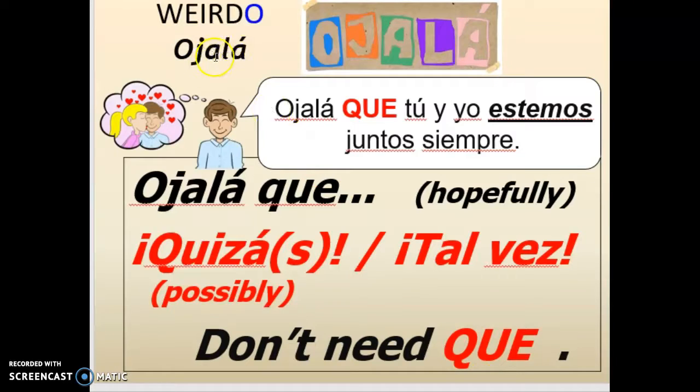And again, ojalá is one of those that if you want to think of ojalá as just being the one and only subjunctive expression that you may want to use often because it's so easy, then keep it in your list of subjunctive expressions that you will use for writing and speaking.